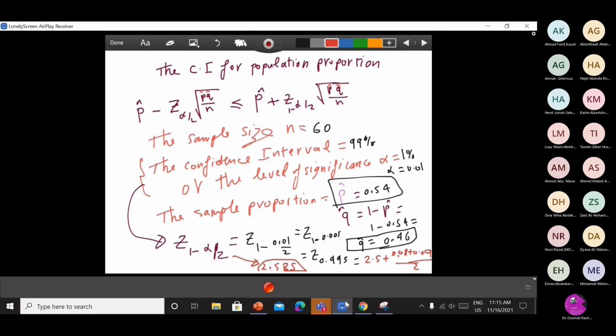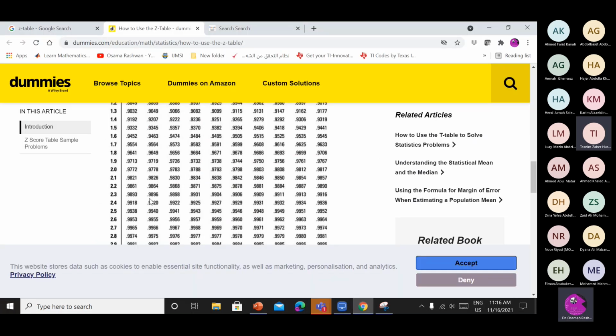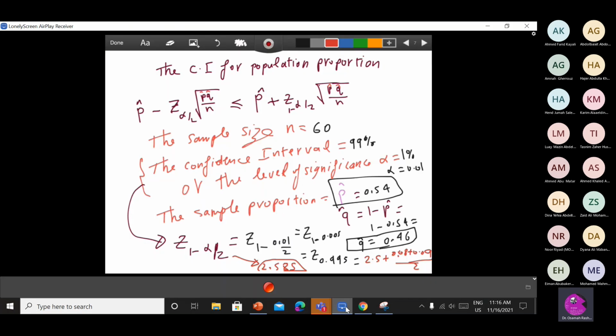Doctor, I have a question. Yeah, go ahead. Doctor, where did you get 0.005 from? From the table of Z, from the beginning here. As you know, you have here Z for alpha over 2, and on the other side you have Z of 1 minus alpha over 2.